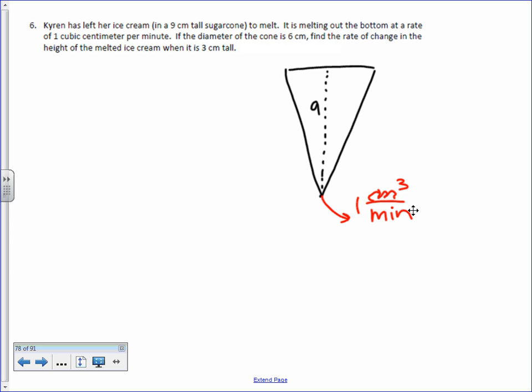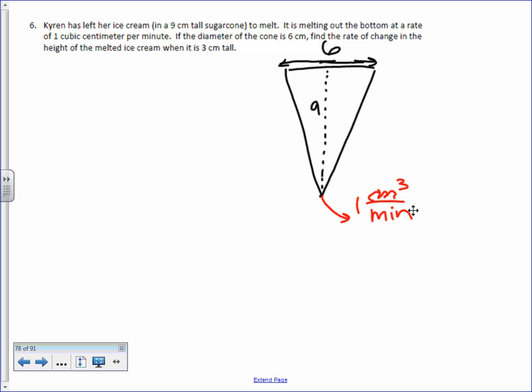If the diameter of the cone is 6 centimeters, okay, we'll do that across the top here. This is 6 centimeters. Or I'll just put 6 for now, that's fine. We can look back at our problem for units when we're doing our answer. So across the top here is 6.